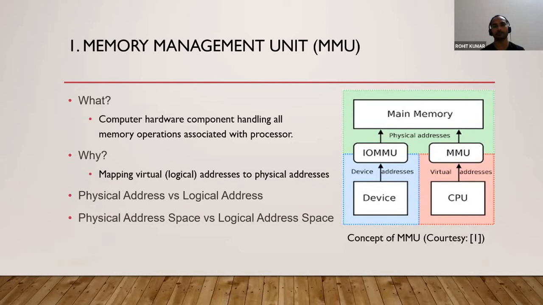So what memory management does is that it helps to search your data. Additionally, it helps to bring the data from the intended location to RAM. Here, computer hardware components handling the different sorts of memory operations are performed under the umbrella of memory management. Why am I calling it an umbrella?